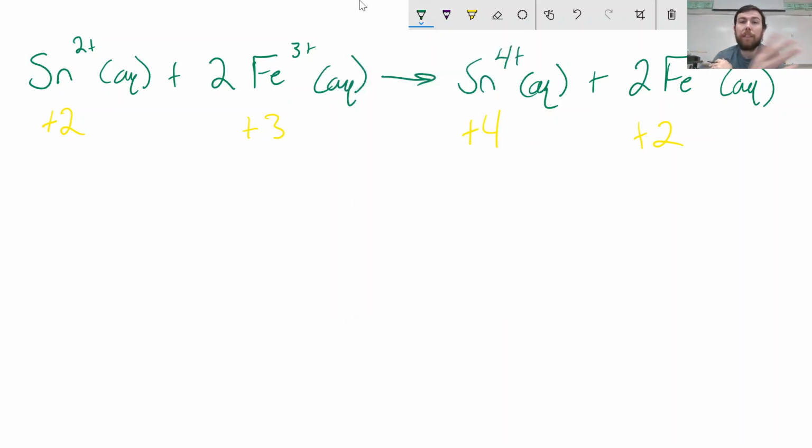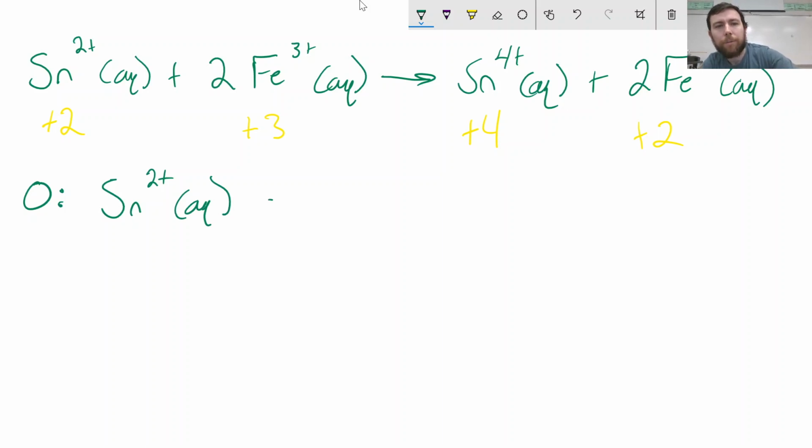Now we see those oxidation states, and obviously we see the changes occurring in each of those substances. Looking at that, we should be able to identify that the substance being oxidized is the Sn2+. Remember, oxidation is loss of electrons. So Sn2+ (aq) is being converted into Sn4+ (aq).